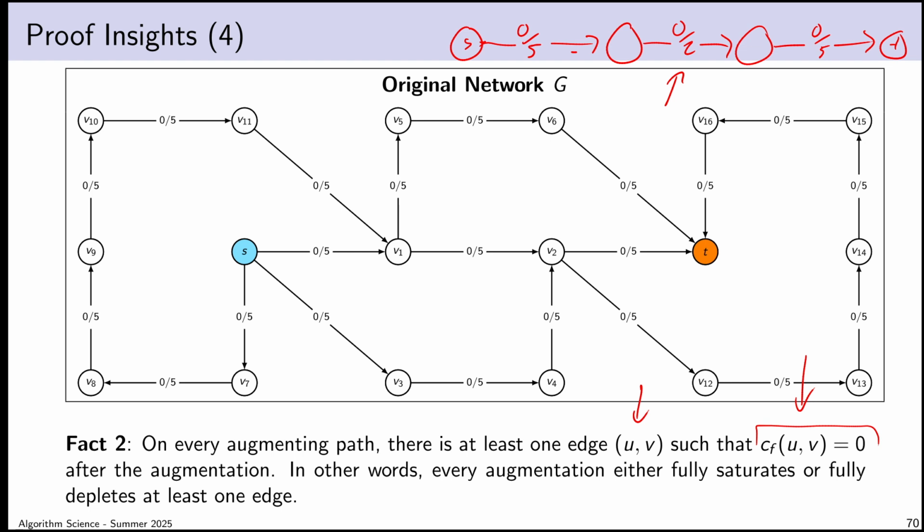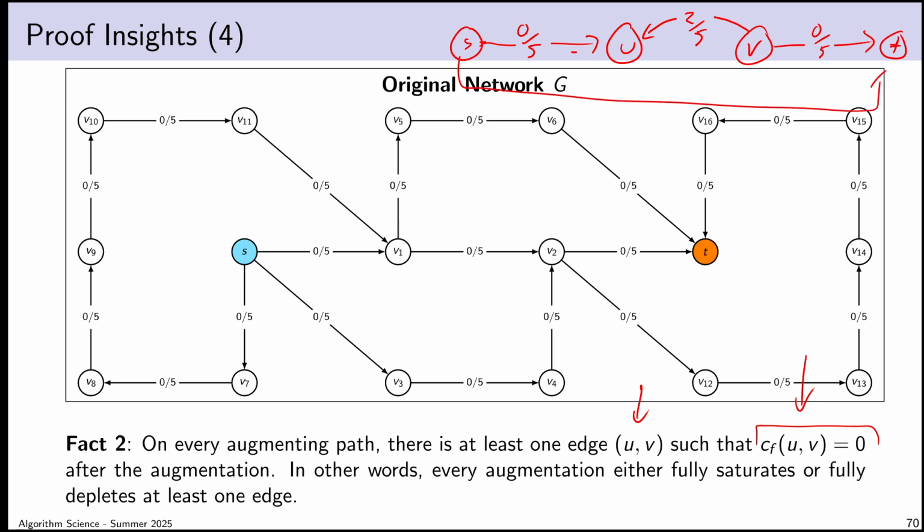And in general, along any augmenting path, there will always be one edge that gets maxed out in some sense as a result of the augmentation. Once I've maxed it out, the residual capacity from this vertex U to this vertex V has to be 0, because I can't transport any flow along this edge anymore. Now, with augmenting paths, remember that there is this bidirectional aspect where flow can be pushed in either direction. So I could also have this situation here where this edge currently has, let's say, 2 units out of 5 being pushed from V to U. This is an augmenting path still.